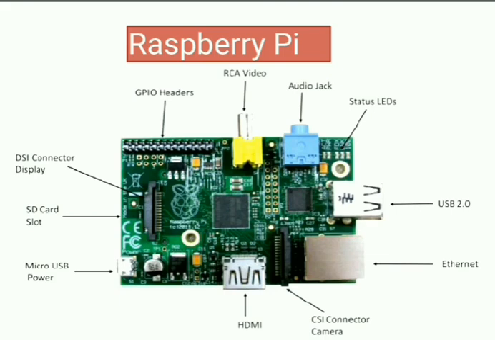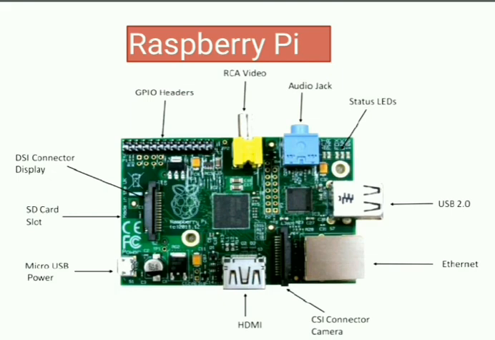So Raspberry Pi includes some important components. So what are those components? The Raspberry Pi board with various components as well as peripherals is labeled in this picture. Raspberry Pi includes a processor and RAM.